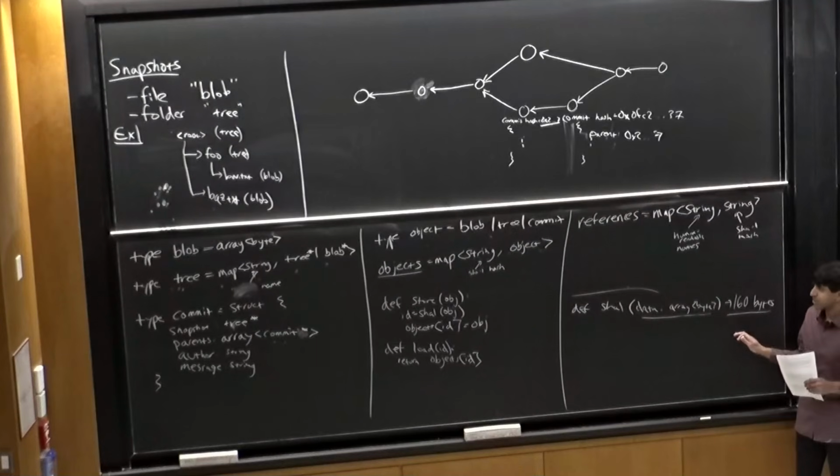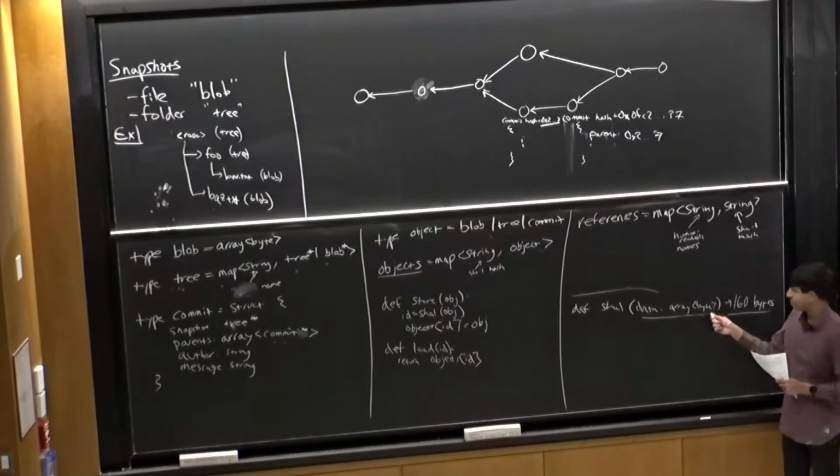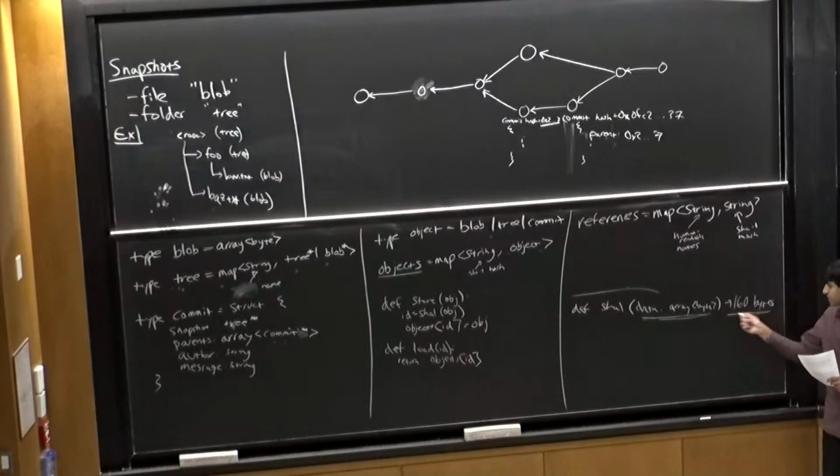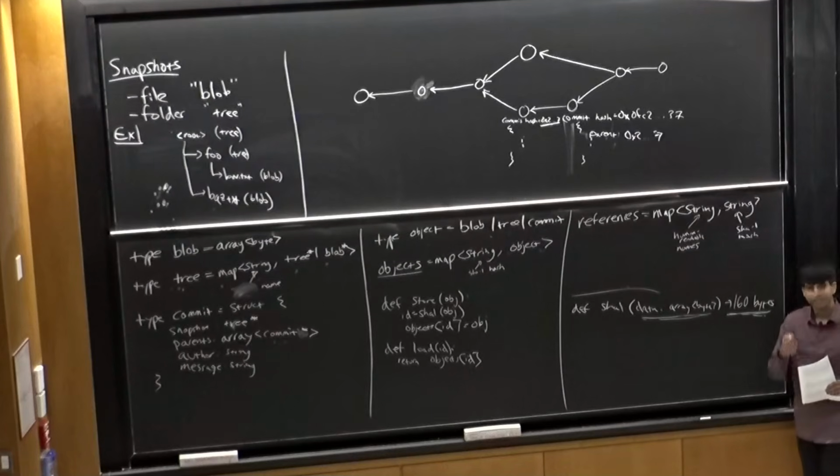But really at a high level, it's a way to take some arbitrary size thing and compress it to a small representation in a deterministic way, such that it's randomish and there's limited collisions. So if you hash two different things, it's very unlikely that you will end up with the same output from the hash function. Question?